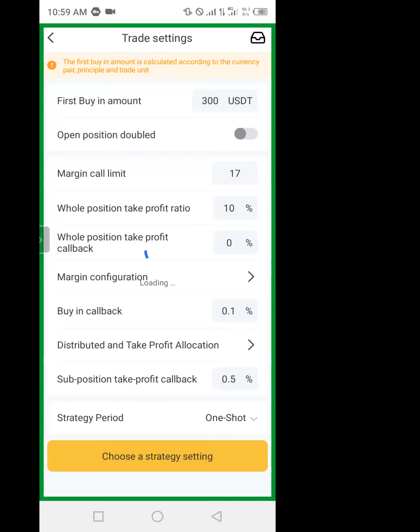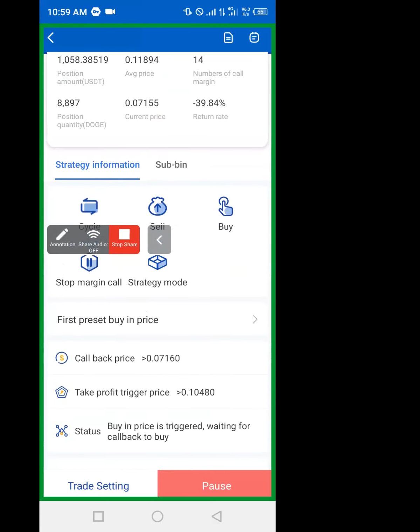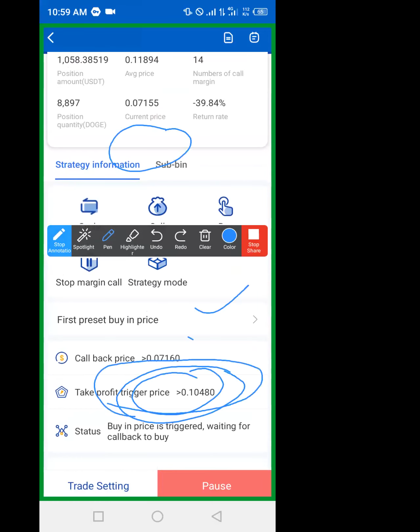Now when we go back, you are going to see that it has changed. It has moved from 78, 0.017178, to 60, because I have decreased the buy-in callback percentage. Hoping that I am understood there.